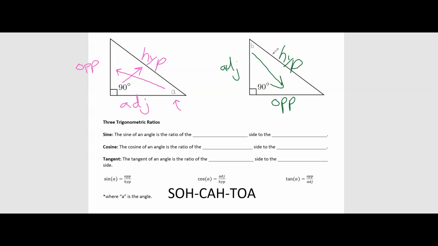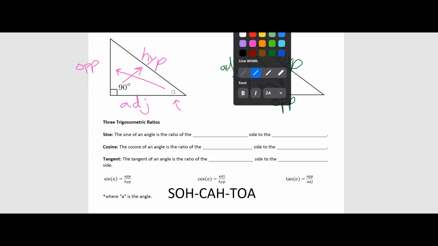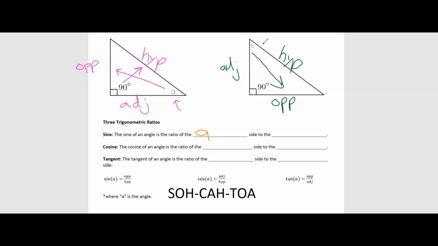So the sine of an angle is the ratio of the opposite side to the hypotenuse.